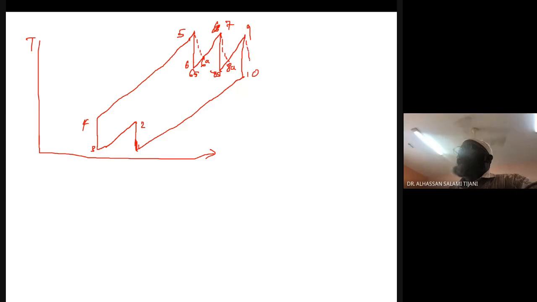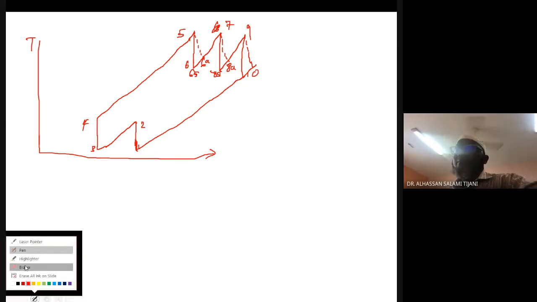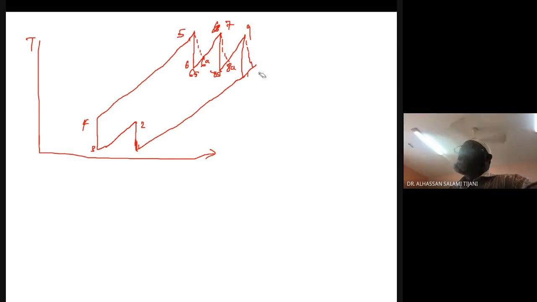And similarly, we will have 10. So let me sketch it. So maybe after this sketch, we will stop and then we will continue next week with this question. Okay, let me just give you a background of the question. Then maybe you can try at home.